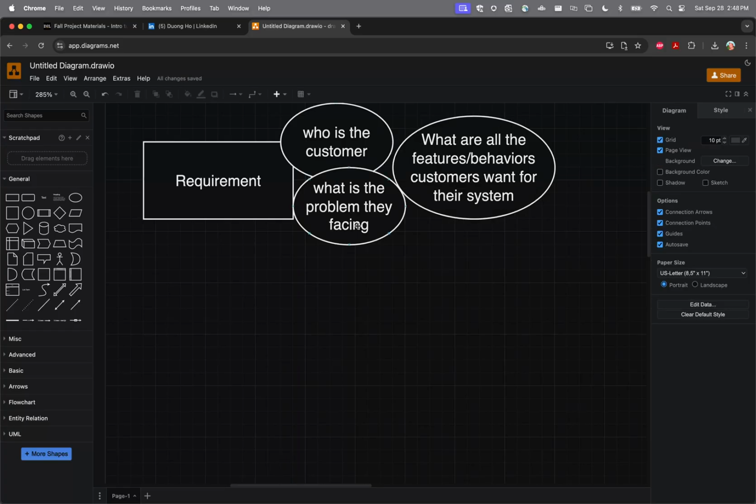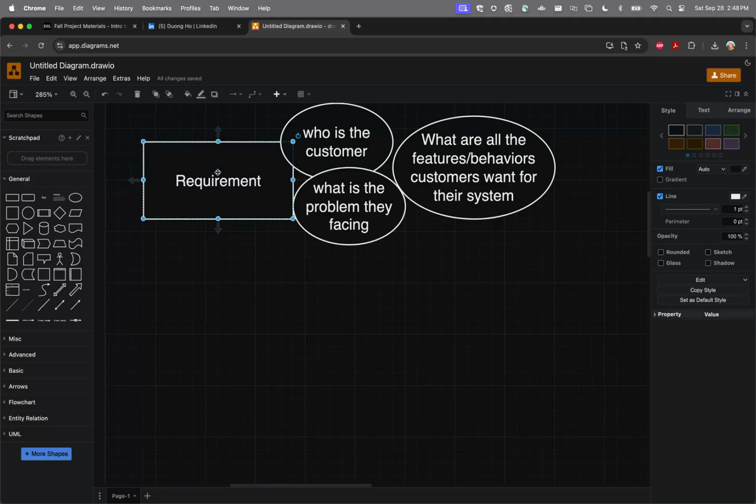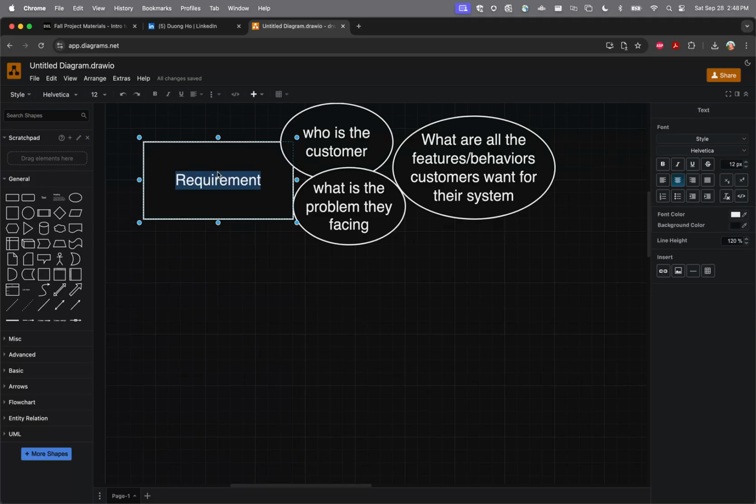Requirement really is who I need to talk to, what problem they're facing, and what they need my help to solve. Associating all of those things together, that is the requirement, also known as the software requirement specification or SRS.